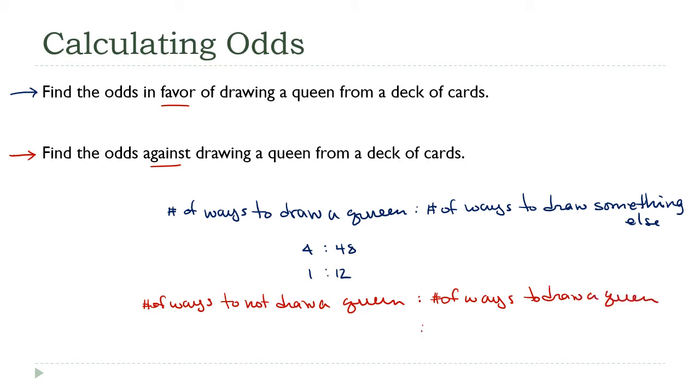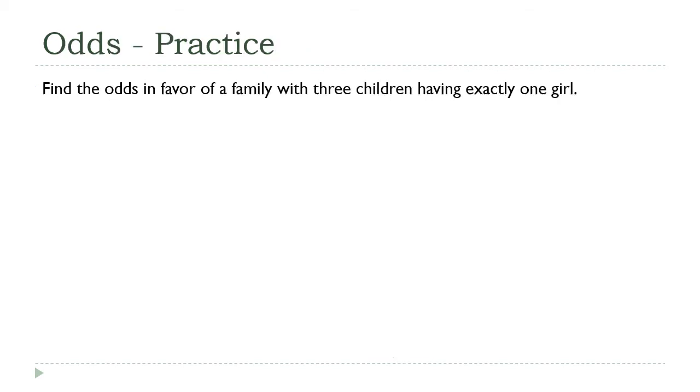Well, the numbers here are really the same, aren't they? The number of ways to not draw a queen is still 48, and the number of ways to draw a queen is still 4. And if I reduce this again, I get 12 to 1. They just reversed. That's really all the difference is.